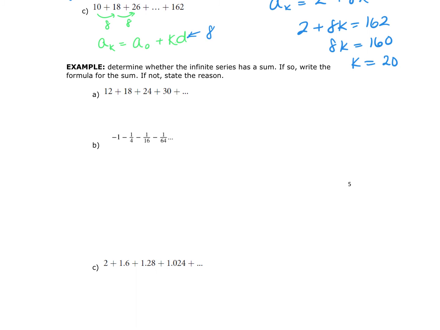So it says, determine if the infinite series has a sum, and the answer is no on the first one, because if I take a look at this, this is going up by 6, this is going up by 6, this is going up by 6. This is arithmetic. Because this is arithmetic, it's going to sum up to infinity because it's going up, and so it really doesn't have a finite sum. So it does not have a sum.